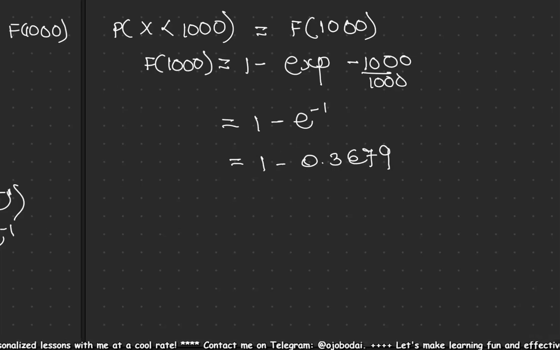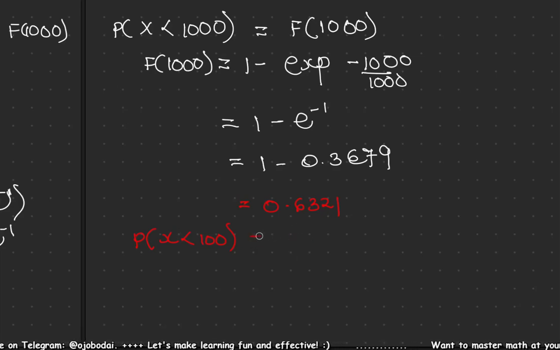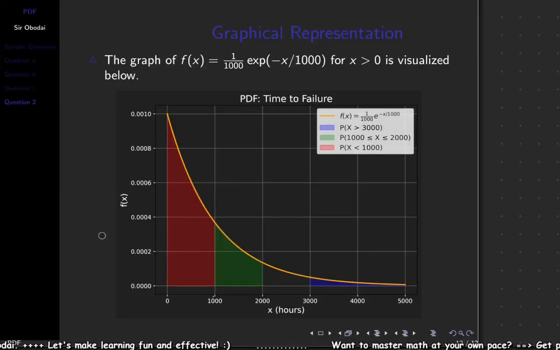And then evaluating this further, we have 1 minus all these, giving us a value of 0.6321. So this simply means the probability that our random variable x is less than 1,000 is equal to 0.6321. So this is basically it for this particular question.